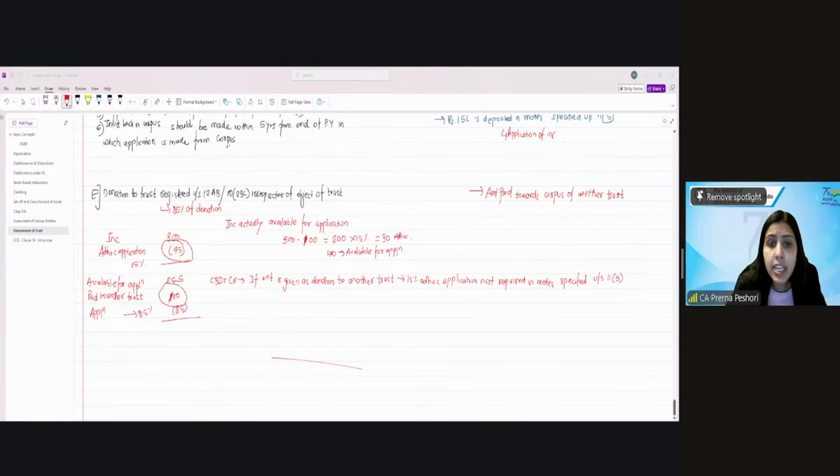Or any amount paid out of my accumulated income to any other trust. So if I have accumulated the income to use it for some specific purpose, and I'm paying the amount from that to another trust, that will not be considered as application. Are we clear?